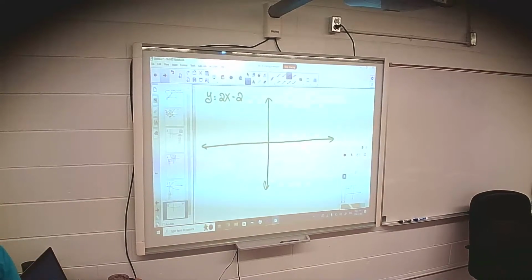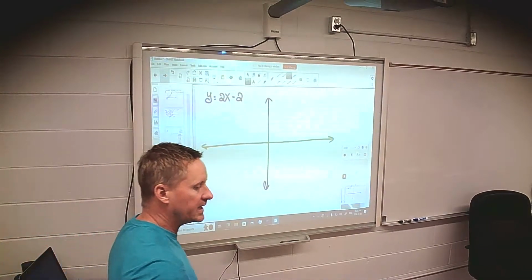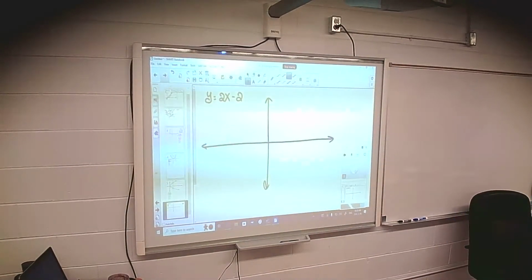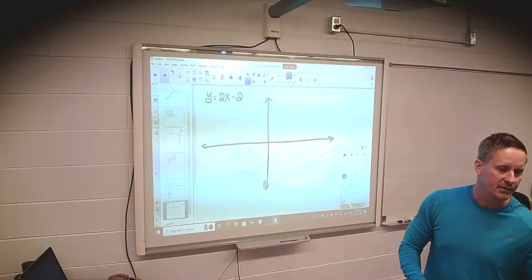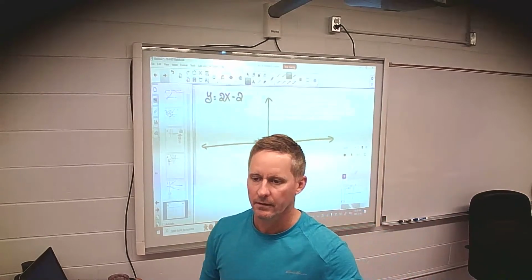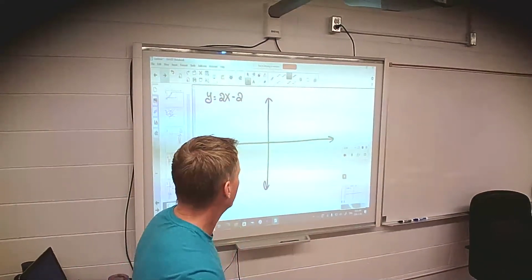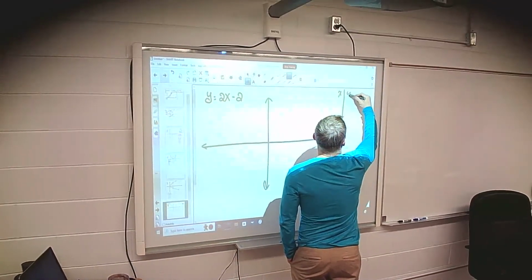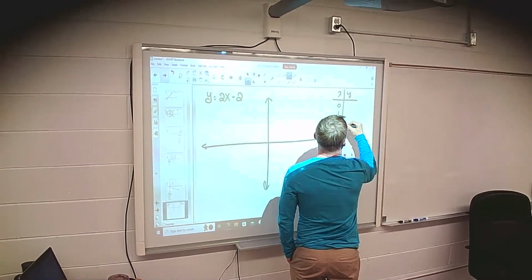But here's the thing. Here's the equation y equals 2x subtract 2. We see that there's a relationship. To get my y, I take the x value, I times it by 2, and I subtract 2. That's how I get to my y value. So, for example, 0, 1, 2.